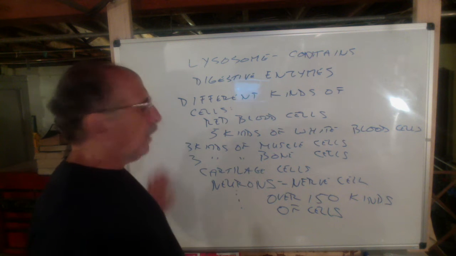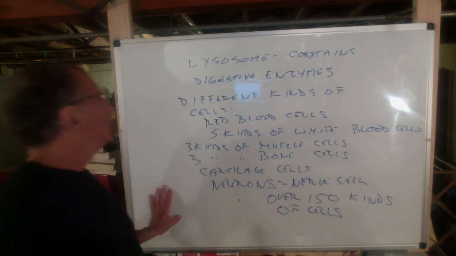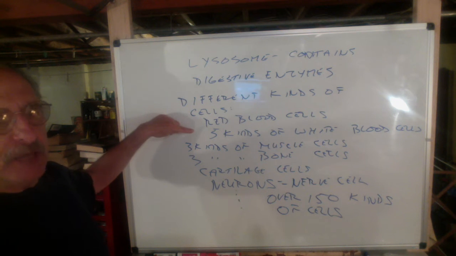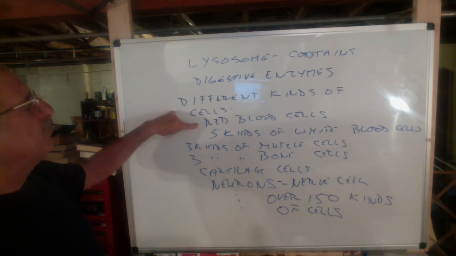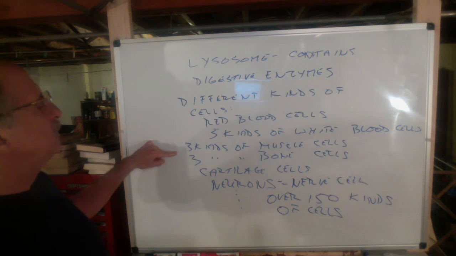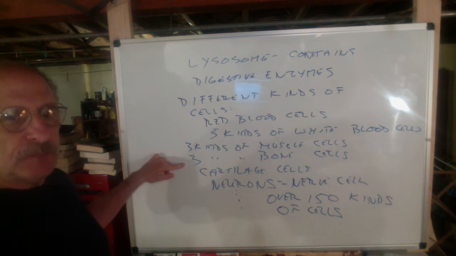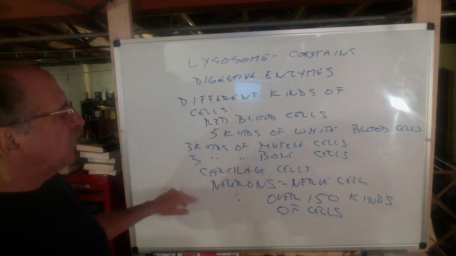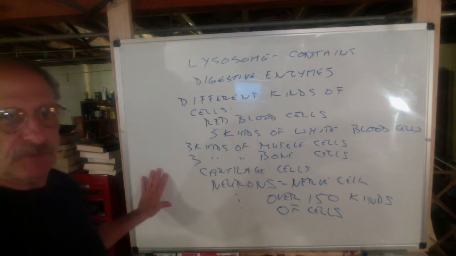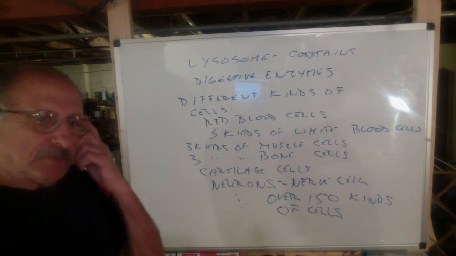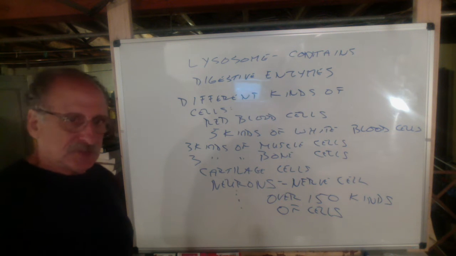So this is just a partial list. We've got red blood cells is 1, plus 5 kinds of white blood cells. 5 plus 1 is 6. 3 kinds of muscle cells, 6 plus 3 is 9. 3 kinds of bone cells is 12. Cartilage is 13. Neurons. So I've given you 14 examples of different kinds of cells, and the list goes on to over 150 different kinds of cells.